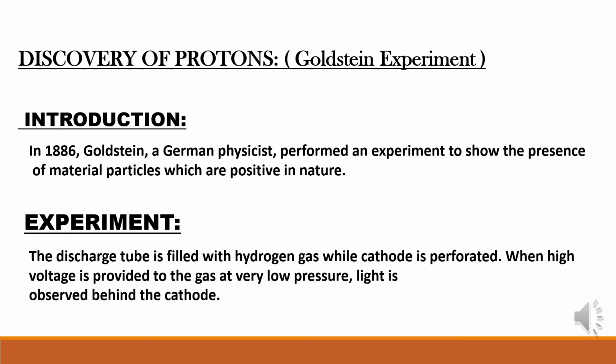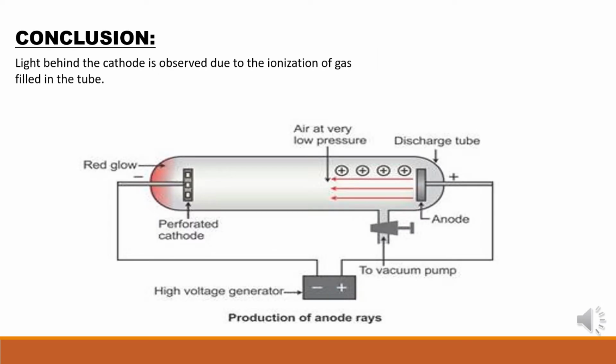Remember that the cathode is the negative electrode. High voltage and low pressure are the conditions of this experiment. So the light observed behind the cathode was due to the ionization of the gas filled in the tube.